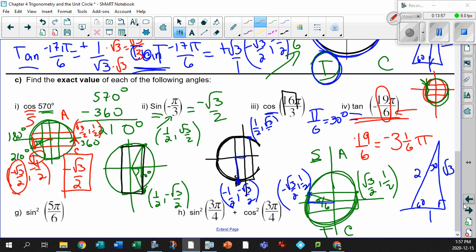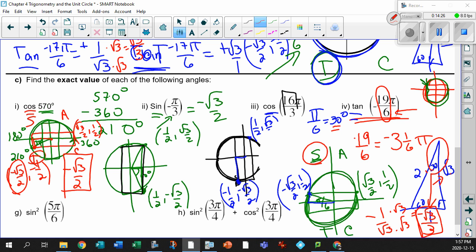So we want the tangent of this guy, which is 30 degrees. There's your 30 degrees, opposite over adjacent, TOA. So this is going to be equal to, and remember, sine's the only positive one here, negative 1 over root 3, or rationalizing the denominator again, negative root 3 over 3.